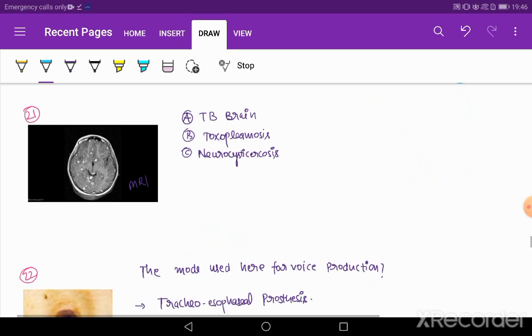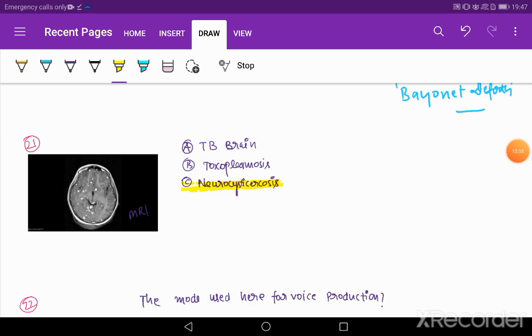And our next question is this image of MRI, and this is of neurocysticercosis. This is an MRI image, and in this question something was also asked about spectroscopy.